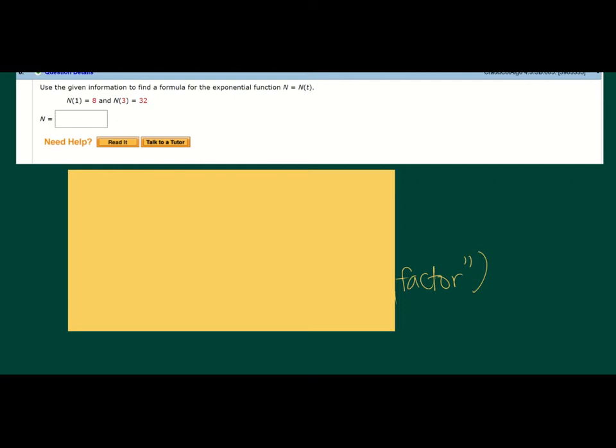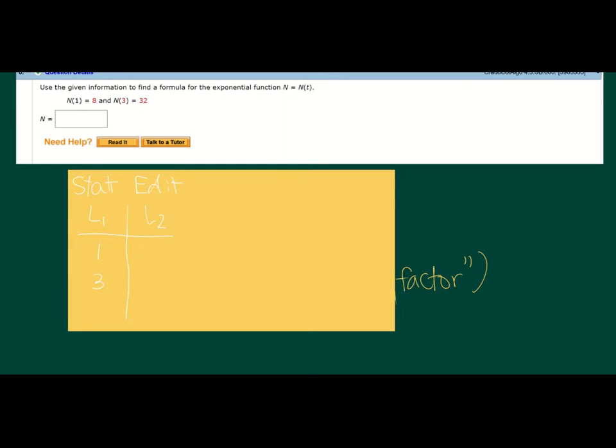So in your stat button, you have a few menus, and all you want to do is select stat and then edit. In that stat edit, what it's saying is, tell me all of the data that you have. Well, my t values go in L1, t equals 1, t equals 3.